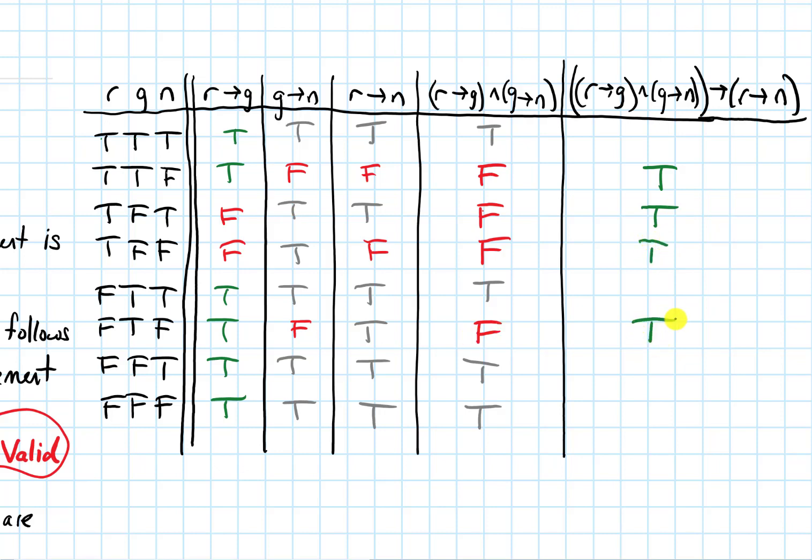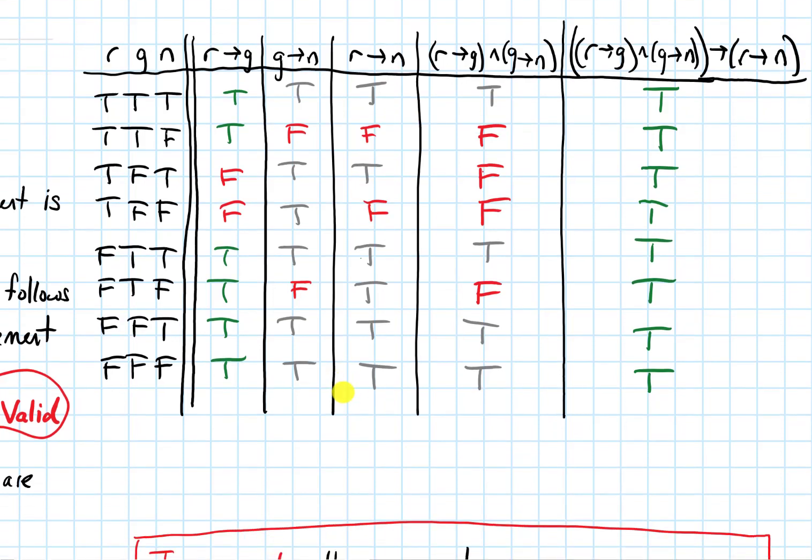And then in the other rows, we have true implies true, true implies true, true implies true, true implies true, and that makes an implication true as well. In other words, I never have a situation here where the first part of this implication is true but the second part is false, because that's the only thing that can make the whole implication false. Alrighty, so we are ready for our conclusion.